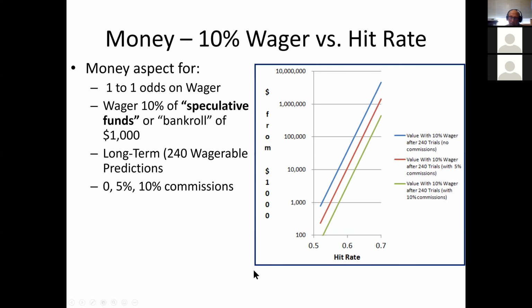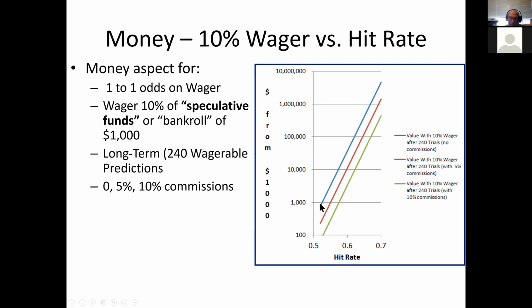So with no commissions, wow, this really looks good. It turns out at about 0.55, and this is called Kelly wagering for some of you that know a little bit about that sort of thing in game theory, at 0.55, you actually lose money.